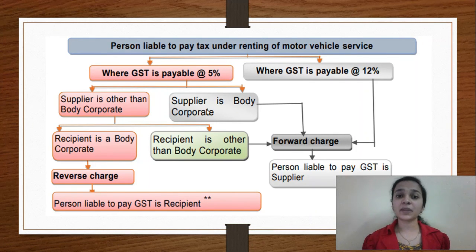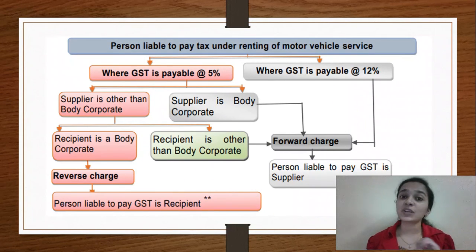If the supplier of the service itself is a body corporate, then in that situation reverse charge will not be applicable, and forward charge will be applicable, which means that the supplier will have to pay GST at the rate of 12%. If the recipient is a person other than a body corporate, then again this is something which will not be covered under reverse charge.